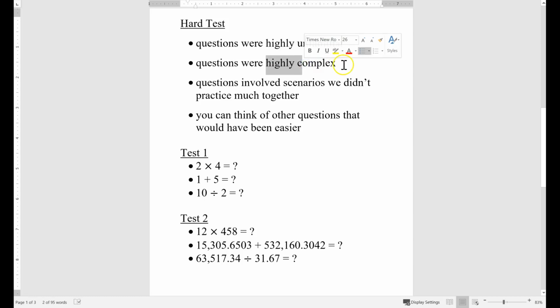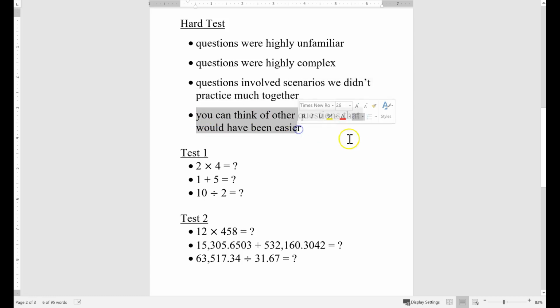Were they highly complex? Were they scenarios that we didn't really practice as a class? And then most importantly, if I imagine rewriting the test easier, are there easier questions that I could put onto this hypothetical easier test? What would those questions look like?